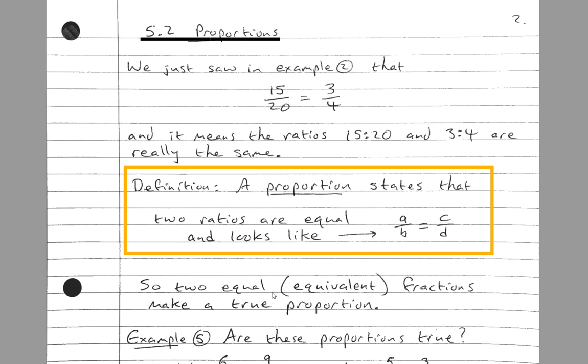If you have two equivalent fractions, then that gives you a true proportion. You can write down proportions that are not true. If the two fractions are not equal, then it will be false.